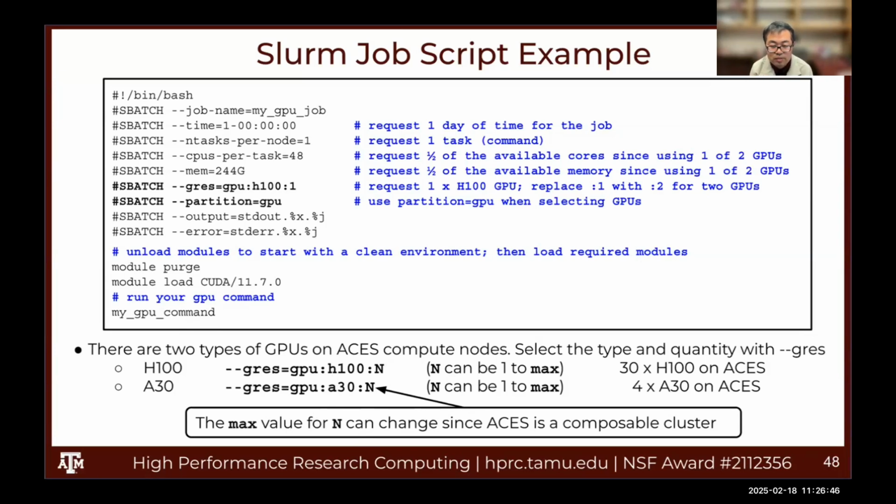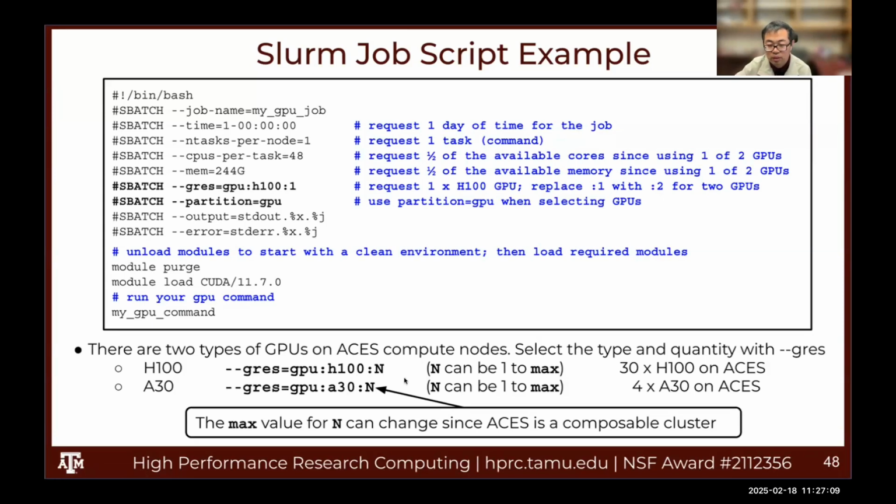For example, if you do a single node, sometimes we can compose, I think for H100, I used like 16 H100 on one node. So I specify 16 here for a single node job.